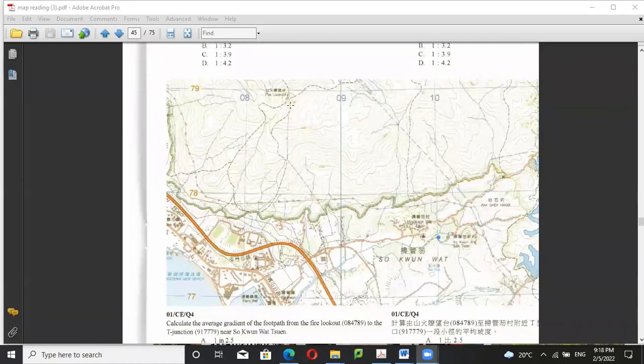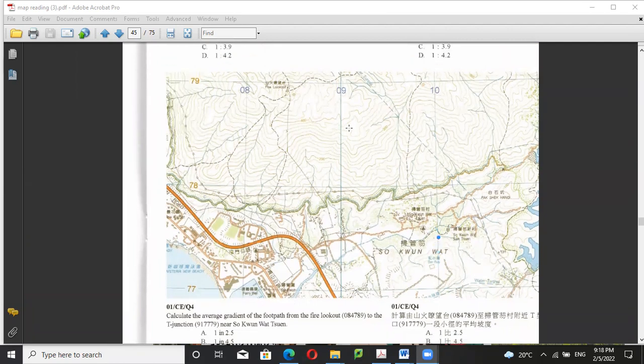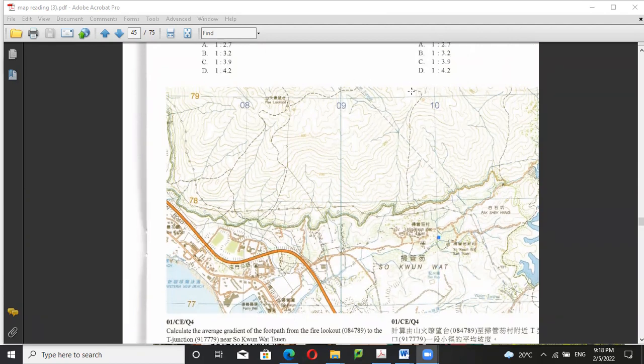Fire lookout, and then we're going to Sou Kwun Fo village. From here, where are we? 9177. It's being cut off, or hard to see, but anyway the line should be like this, but it's hard to see indeed.